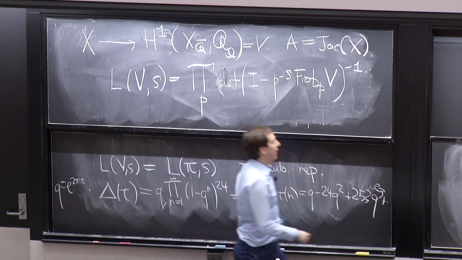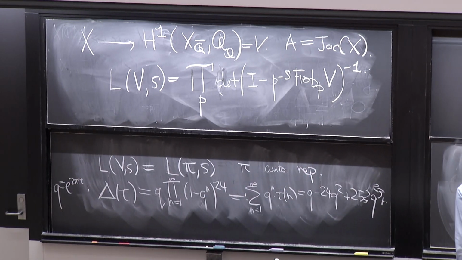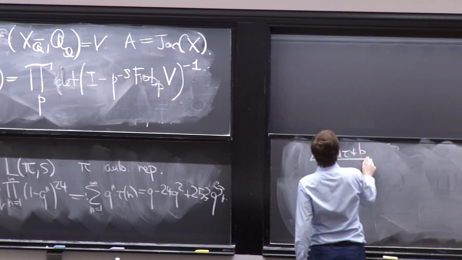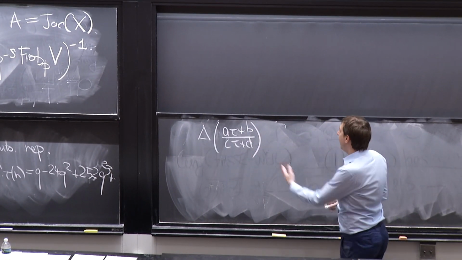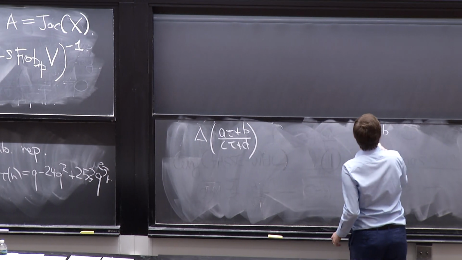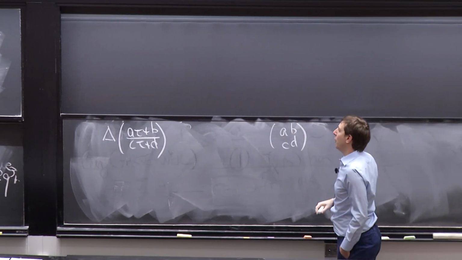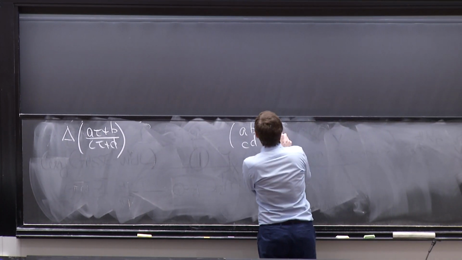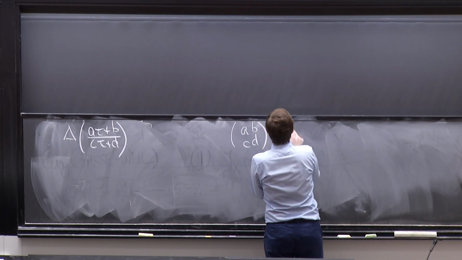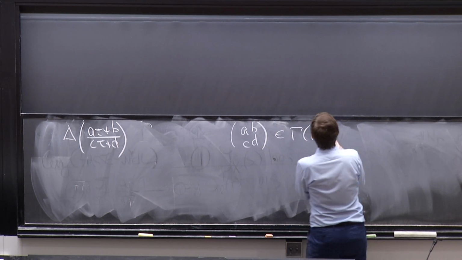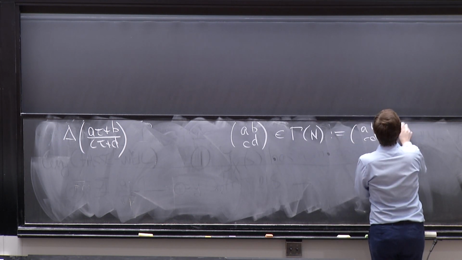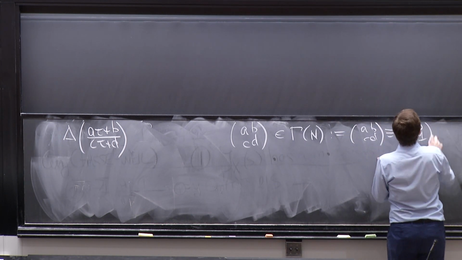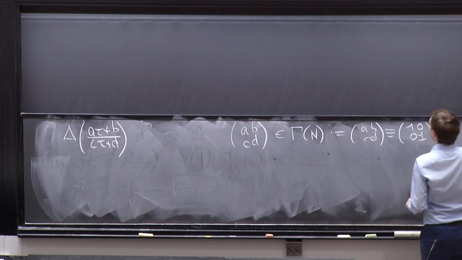So this has the following property. Like all modular forms, it transforms in a certain way under this following Möbius transformation, where (a b; c d) is an element of gamma n, which is the set of matrices in SL2(Z) that are congruent to (1 0; 0 1) mod n.